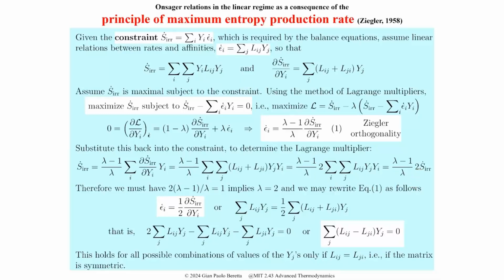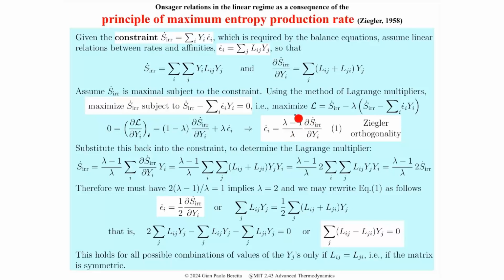Okay? So we got entropy production rate is equal to lambda minus 1 over lambda times 2 times the rate. All right? So that imposes that this combination must be equal to 1. And therefore, you get it when lambda is equal to 2. So we found the Lagrange multiplier. Lambda is equal to 2.